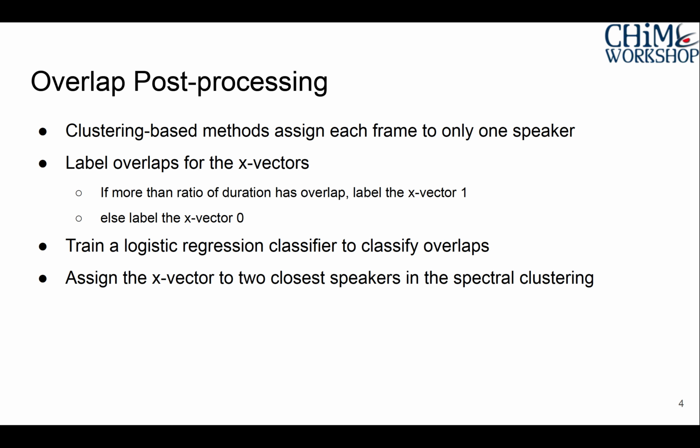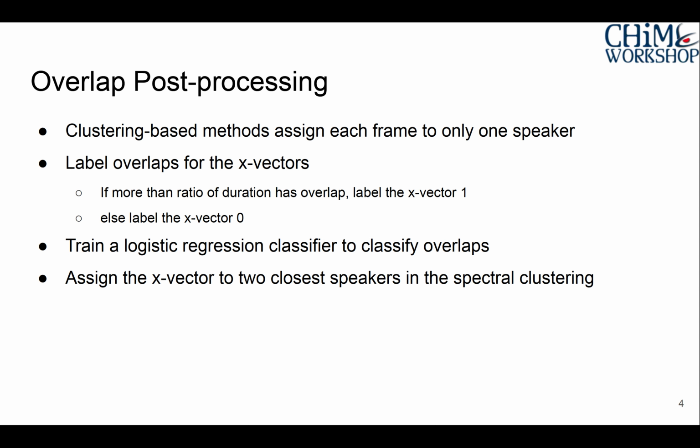So to deal with this, first we need to label the overlaps for the X vectors. So here we define the parameter called ratio. If more than the ratio of duration has overlap in the X vector, then we label this X vector to be 1. Otherwise, we label this to be 0.